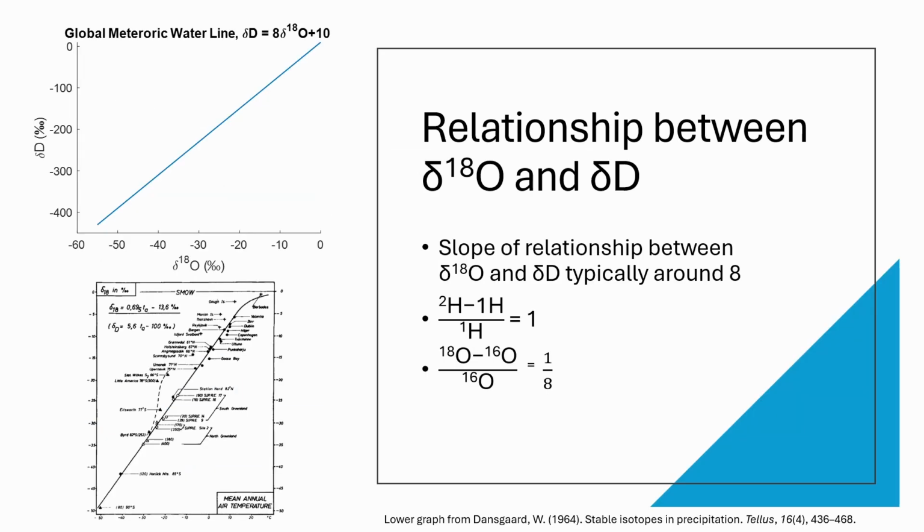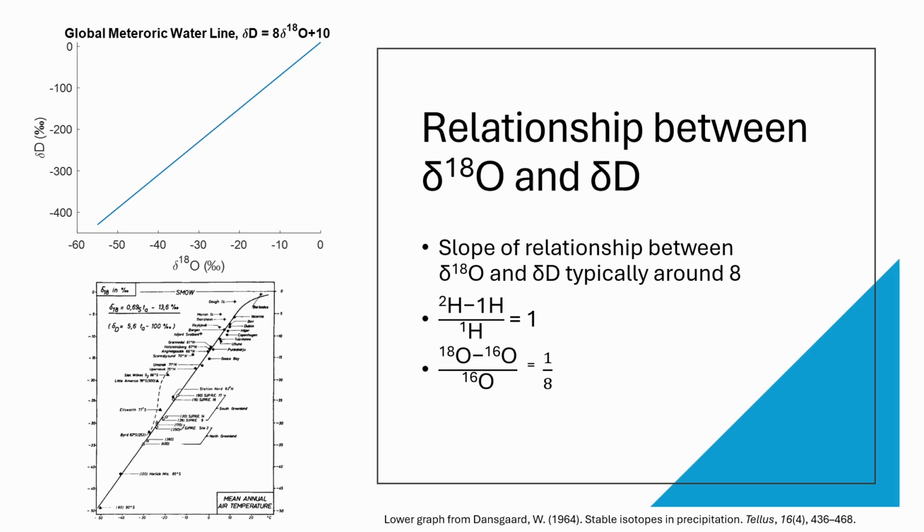In the previous video, I mentioned that hydrogen isotopes tend to fractionate much more than oxygen isotopes. This is because of the mass-dependent relationship. So hydrogen isotopes, the heavier ones, are twice as heavy as the lighter ones.